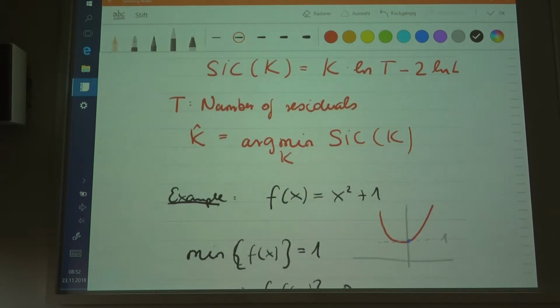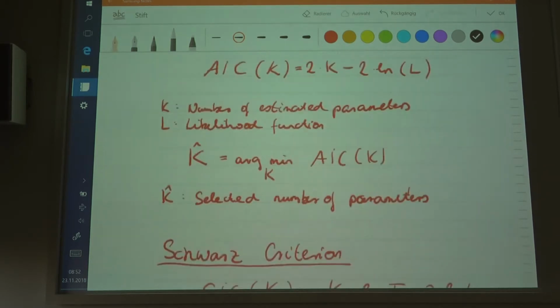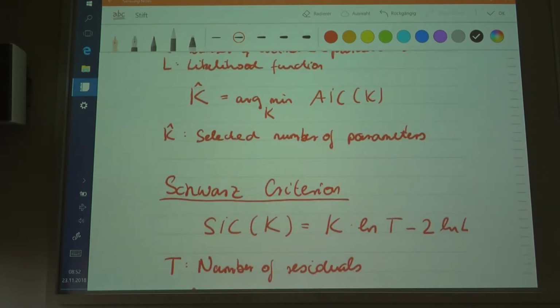The Schwarz criterion tends to result in smaller models, so the model is not as large as with the Akaike information criterion. Basically the Akaike information criterion estimates the largest models.